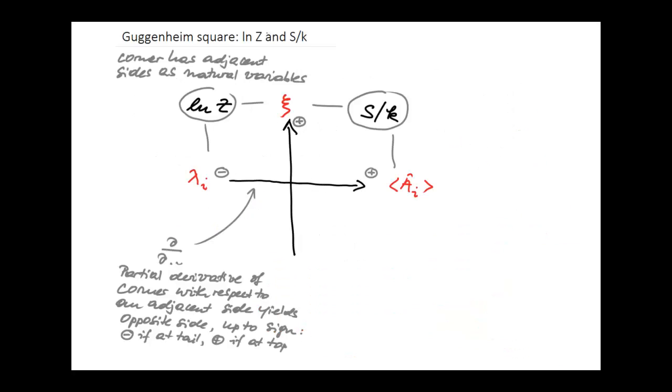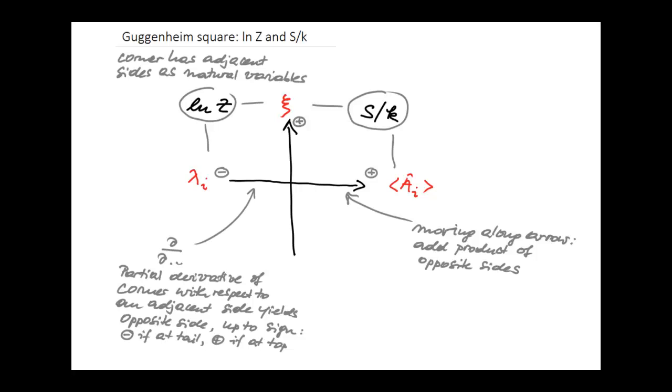Furthermore, there's even more in this diagram. You can move from the top left corner to the top right corner. When you do that, you move along this arrow. And when you move along this arrow, you have to add the product of the two ends of the arrow. So, moving along the arrow means that you have to add the product of the opposite sides.